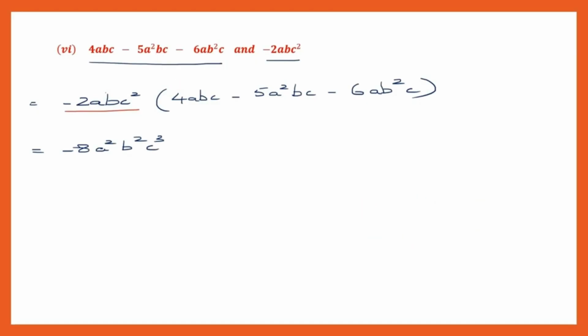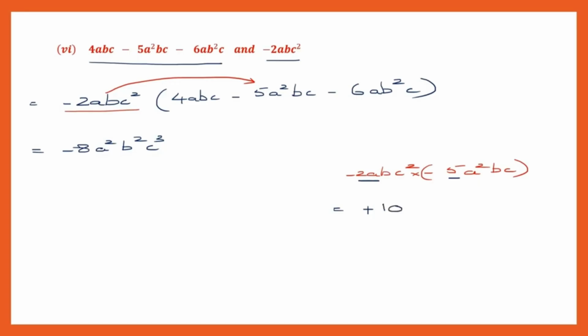So now we multiply with the second term. So minus 2abc square into minus 5a square bc. Should be careful when it is multiplication. So signs are the same. Minus into minus is plus. The numbers are 2 and 5. 2 5s are 10.